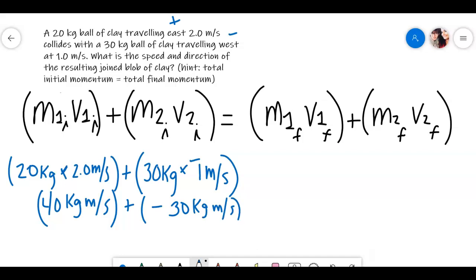So when you add those two together, this is where that negative sign becomes important, because 40 plus negative 30 is just 10. So my total momentum on the left side before the collision is 10 kilogram meters per second. And because it's positive, we know it's traveling to the east, right?